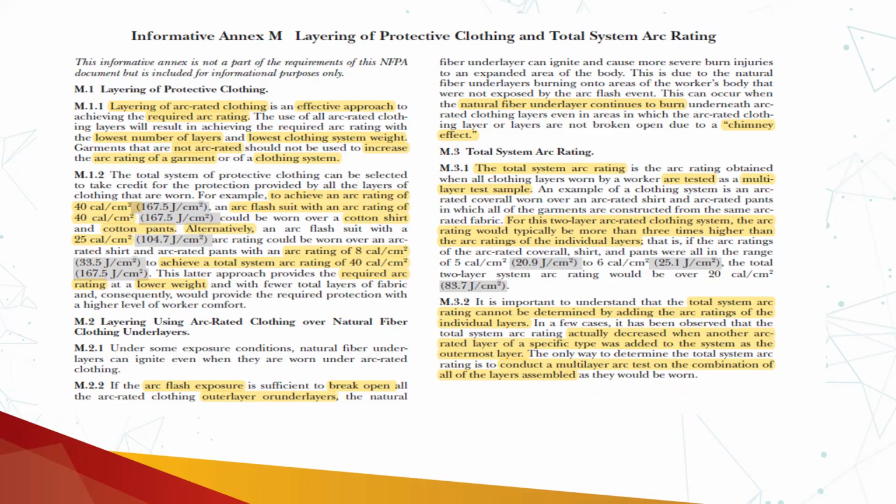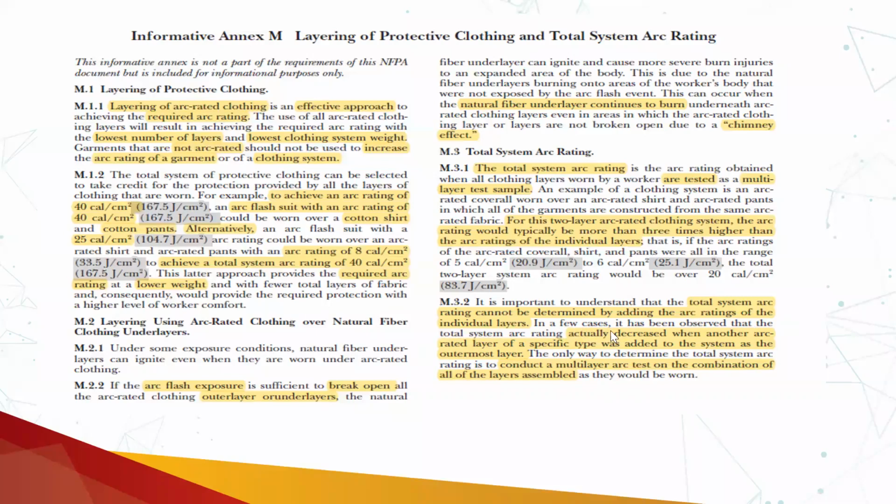and perform the same ATPV and EBT tests on the layering system in order to determine the total system arc rating, right? In some cases they have mentioned that the total system arc rating cannot be determined by adding the arc ratings of the individual layers.